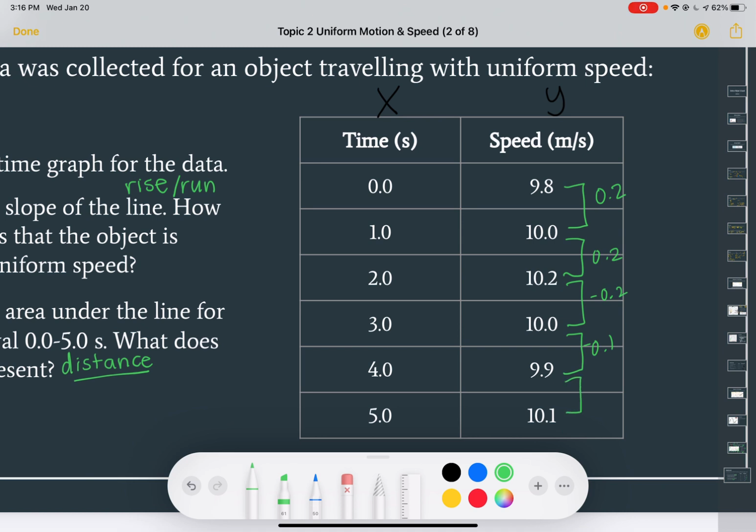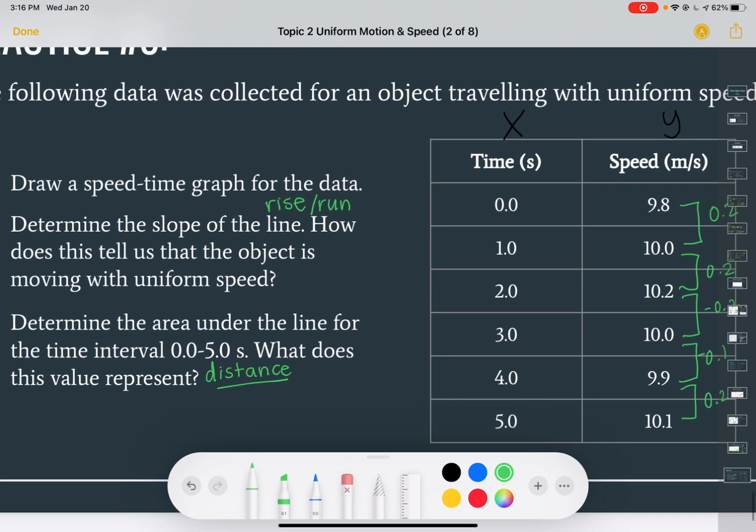And then up by 0.2. So if we look at that, we can really tell that's not uniform. There's not a uniform speed going on there, because it's not going up and down the same between all of those. All right. So really, by looking at the slope, you can't really tell whether it's uniform. By looking at the graph or by the data, you can tell, and this is not uniform.